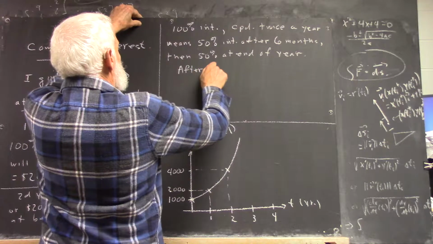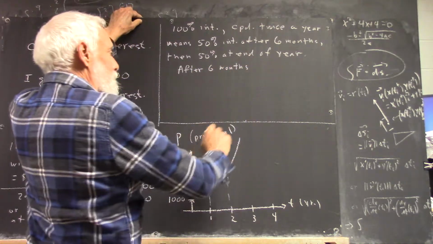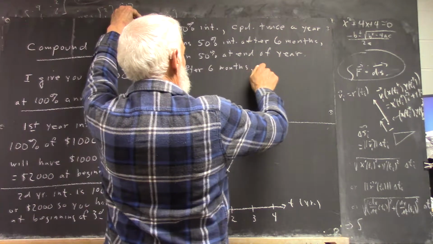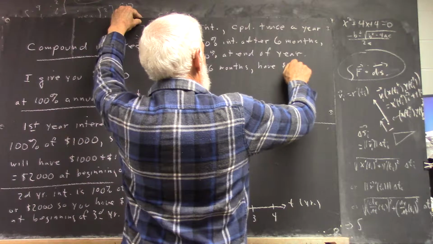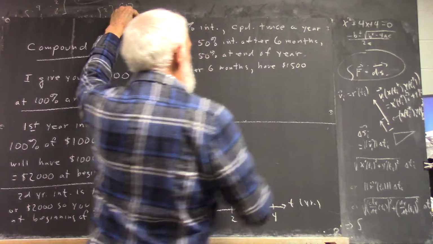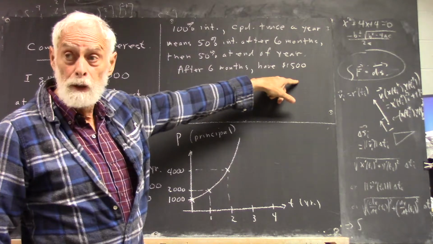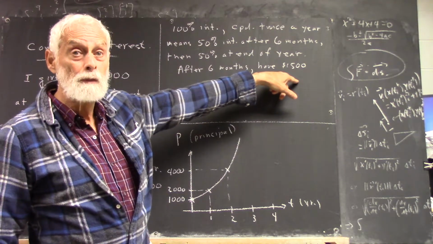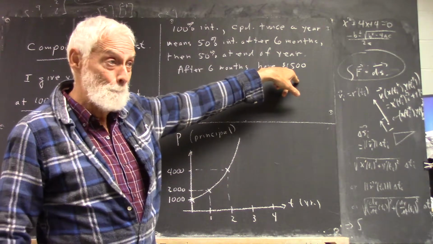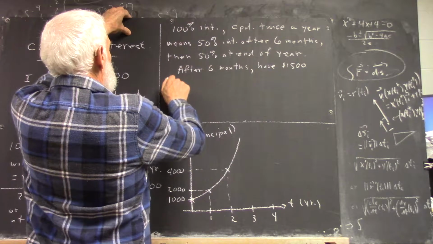Hold on, let's write it out carefully. You have 1,000, and then 50% halfway through, you'd get $500. After 6 months, you have $1,500, and then you get 50% of that, which is going to be $750.